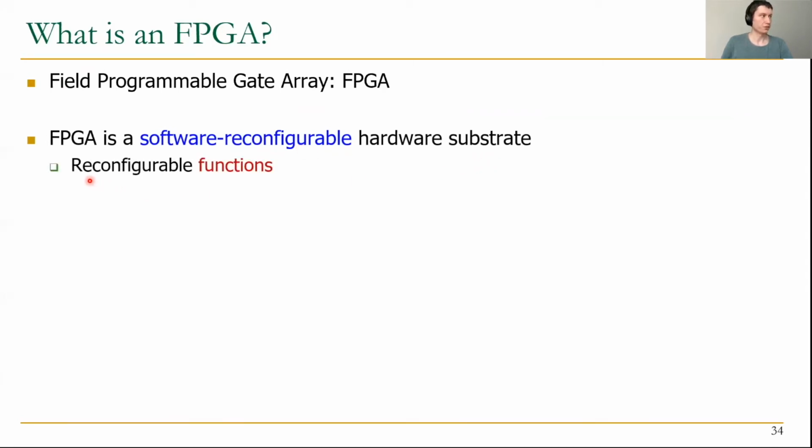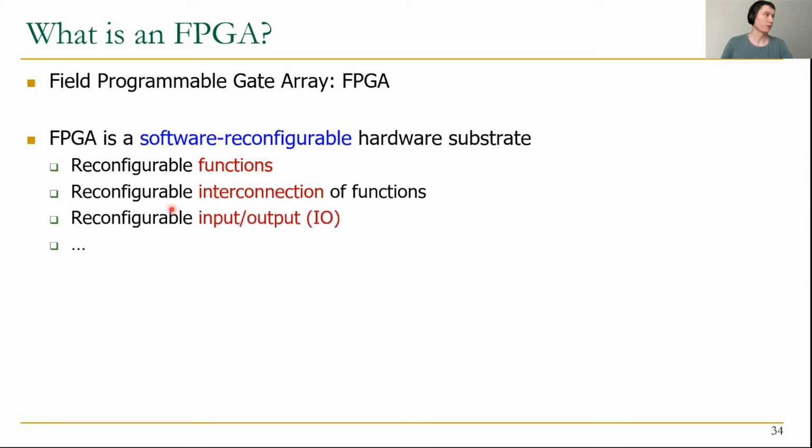It contains reconfigurable functions or logic blocks, and reconfigurable interconnections of these functions or logic blocks. This reconfiguration allows us to change how these function blocks are connected to each other, and also reconfigurable input and output.